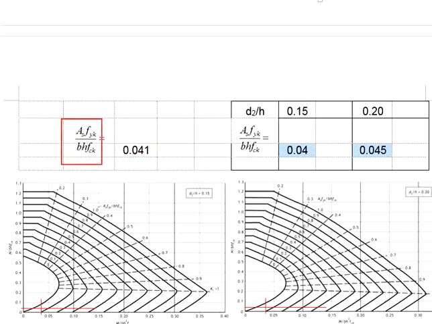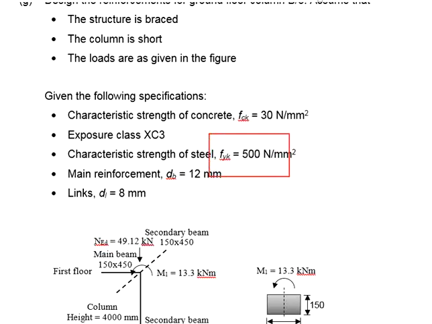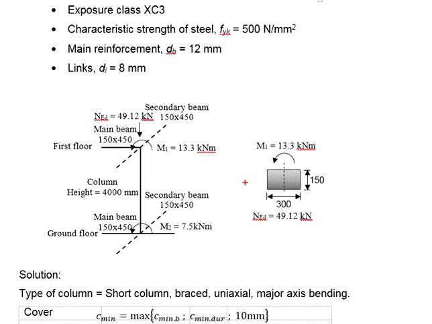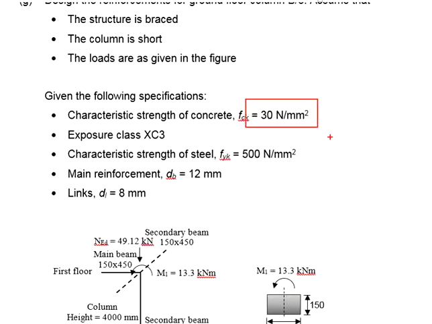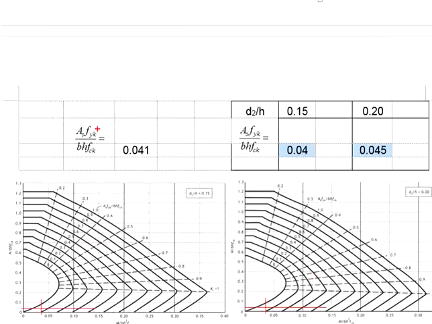Within the equation here, the only unknown will be the As. You have the fyk, you have the dimensions of the column, you have the concrete strength. fyk equals to 500. Column dimensions 300 times 150. fck equals to 30. Substitute the relevant values here and then solve this equation.